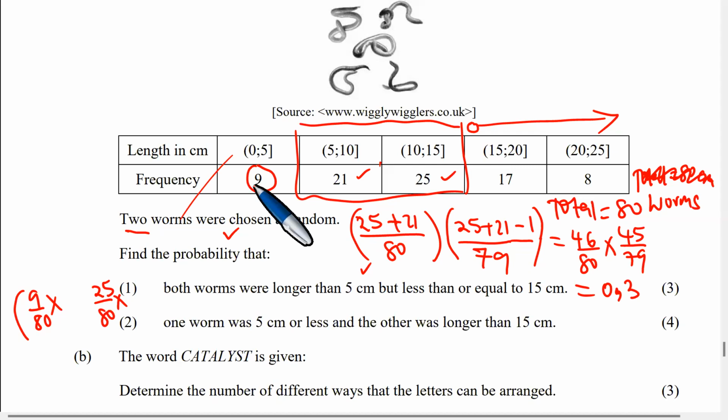So the probability of choosing here is 9 out of 80. After you have chosen one here, you need to now continue and analyze these, and furthermore say you'll have to choose one here, and then out of the 80 now you will be left with 79. So you're going to put a plus here. You're going to be left with 79.